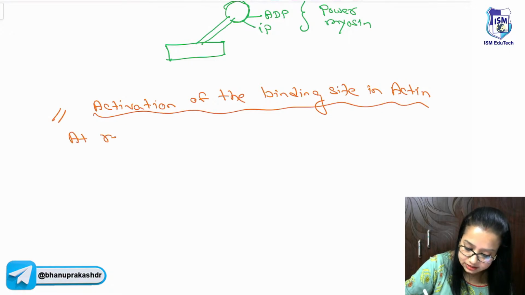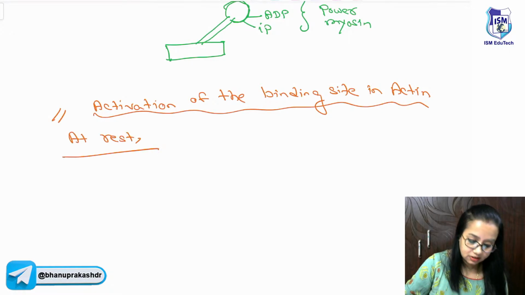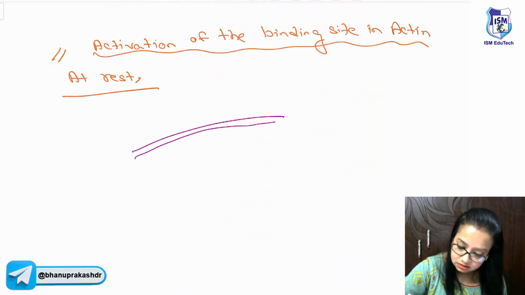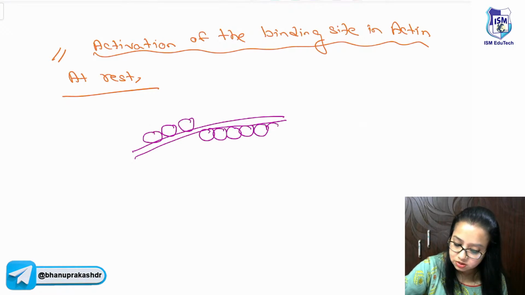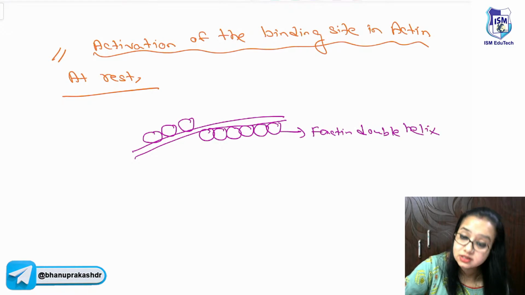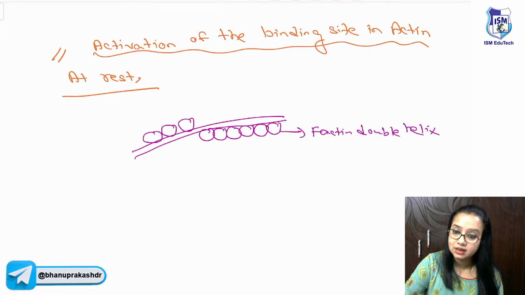So, at rest, in resting condition, how does the actin lie? We have seen in resting condition, the actin lies like this, in which this globular structure, this is the F actin, a double helical structure, the polymerized G actin into F actin.